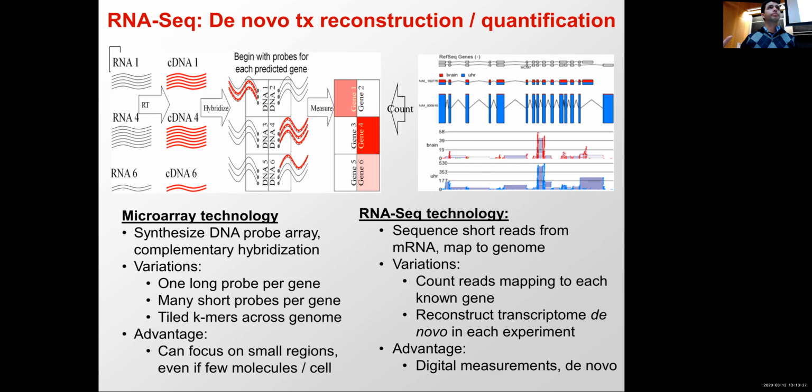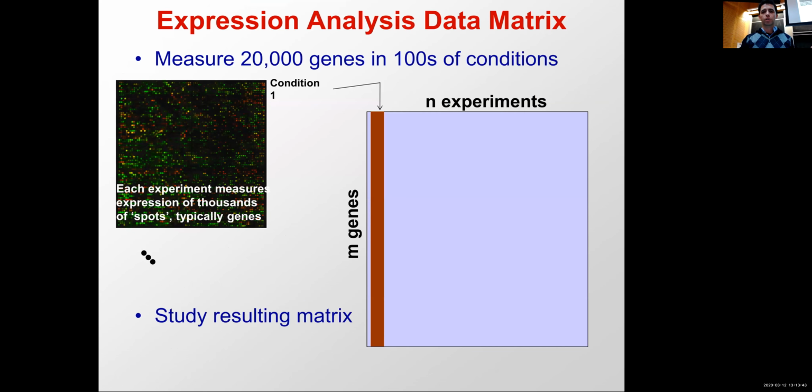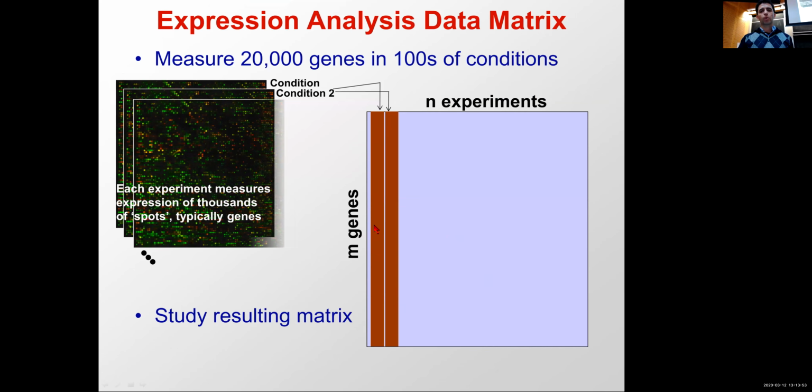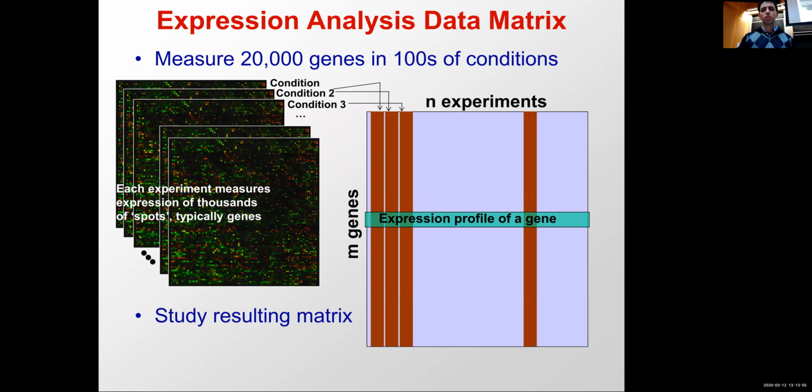Yeah, awesome. Good. So from both of them, we end up with a gene expression matrix that tells you, for every one of 20,000 genes in the human genome, what is the expression of that gene. And as I do this experiment over and over for many different conditions, I end up with the expression profile of a gene, which tells me it was low in liver and high in neurons.